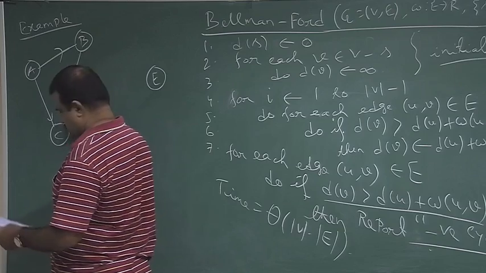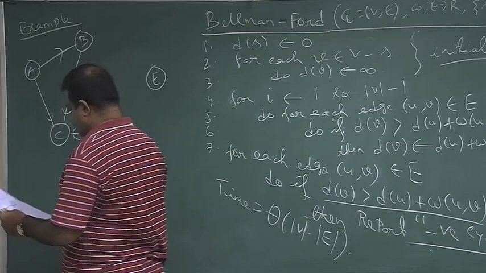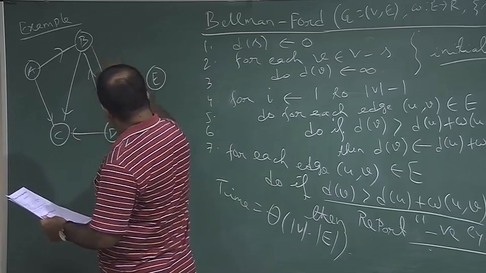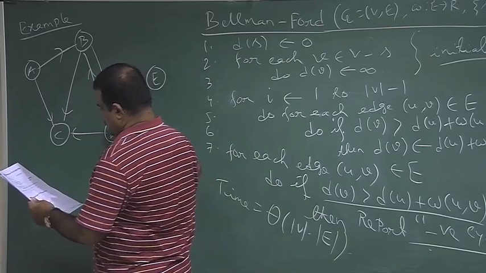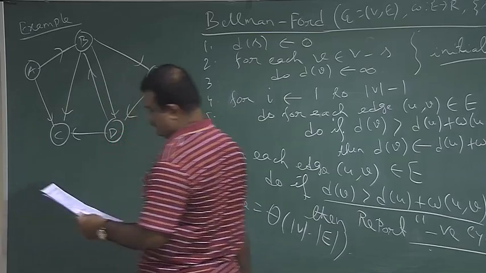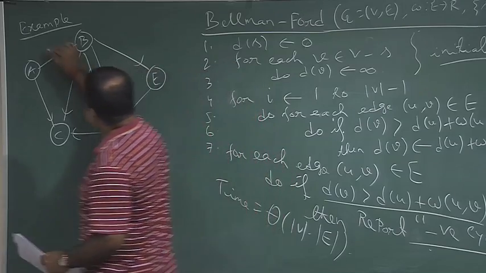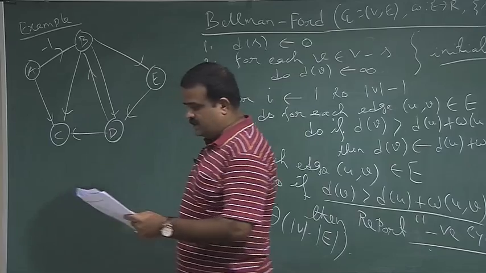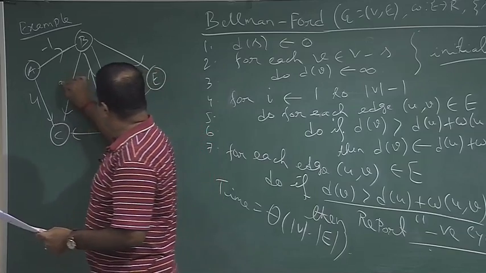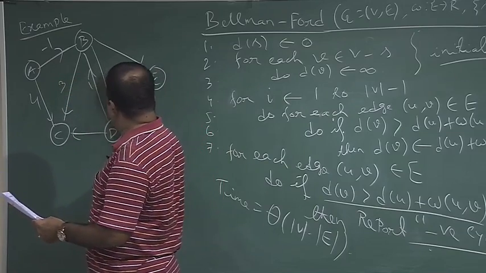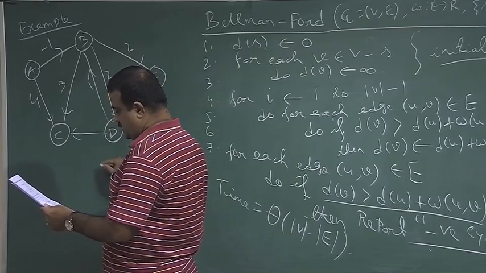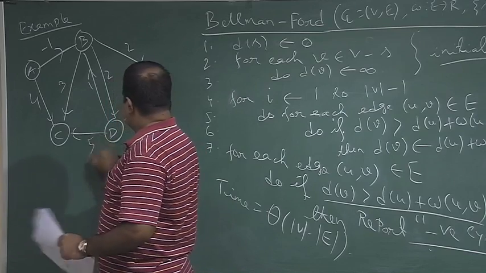B to this, and we have D to C, and here, and here, and here. Let us just have the weights. Here we are allowing negative weights also, so there is no problem in giving a negative weight. So 1, 2, this is 2, this is minus 3, these are the edge weights, and this is 5.